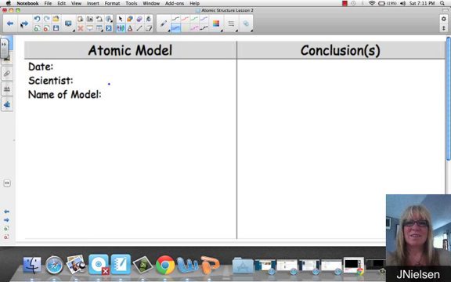One thing I can tell you that you definitely can be sure of is that I've never seen them test you on dates, but we will put the dates. So the atomic model, let's start in 1803, and that started with Dalton. So this is a recap of what we've done, and the name of the model is the cannonball model.